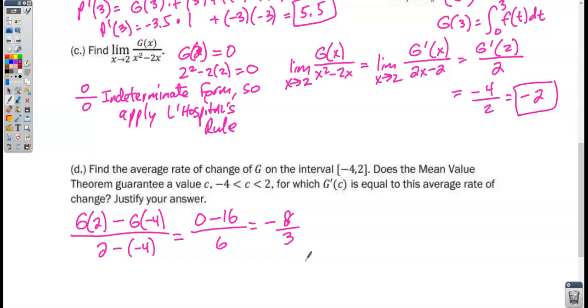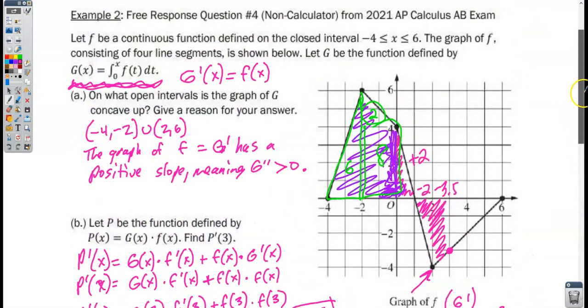Does the mean value theorem guarantee a value for which G prime of C is equal to this average rate of change? Yes. G of x is continuous, since it's the integral of f of t, which is a continuous function. It says it up here.